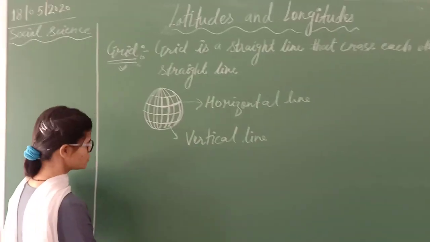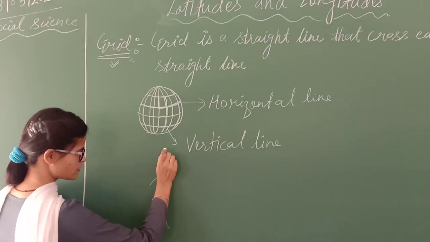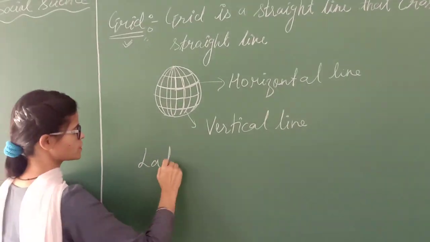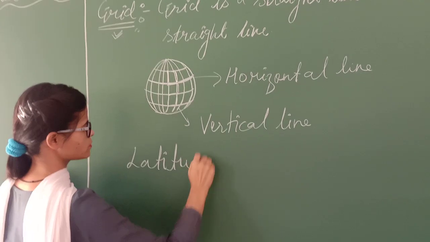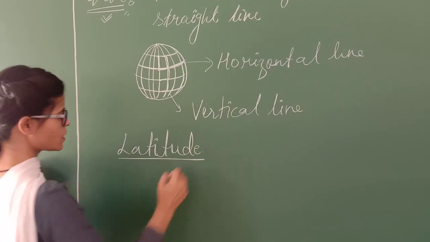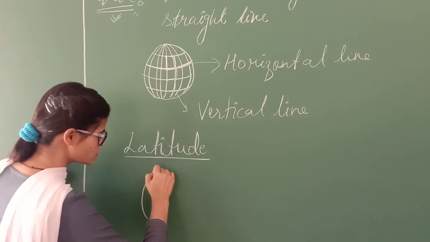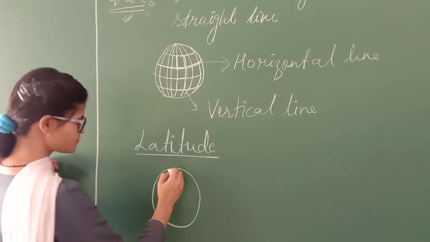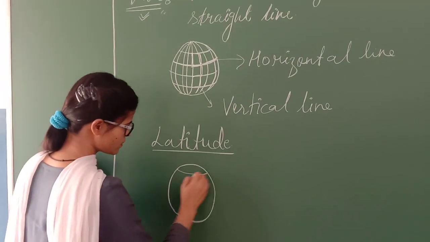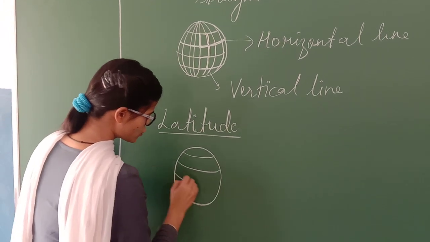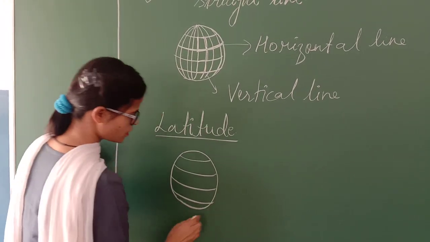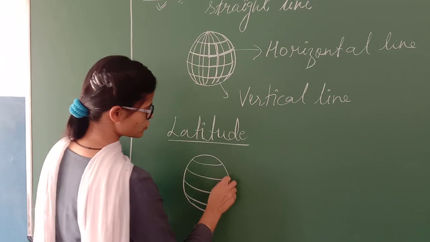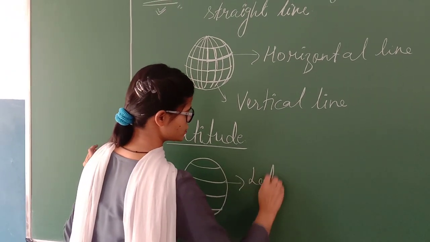First I will draw latitude for you. What are latitudes? Latitudes are imaginary lines drawn across the earth. So these are the latitudes.